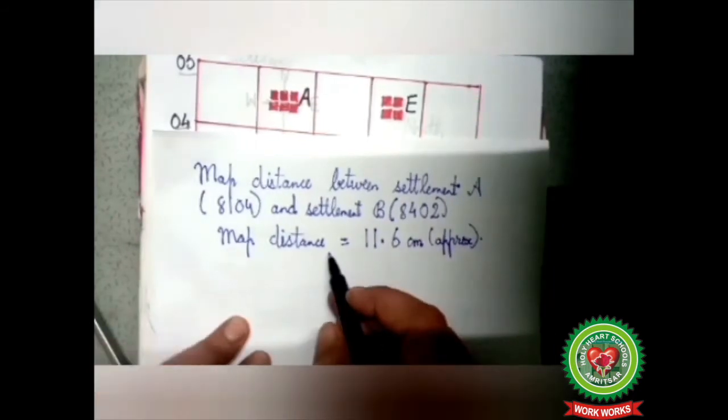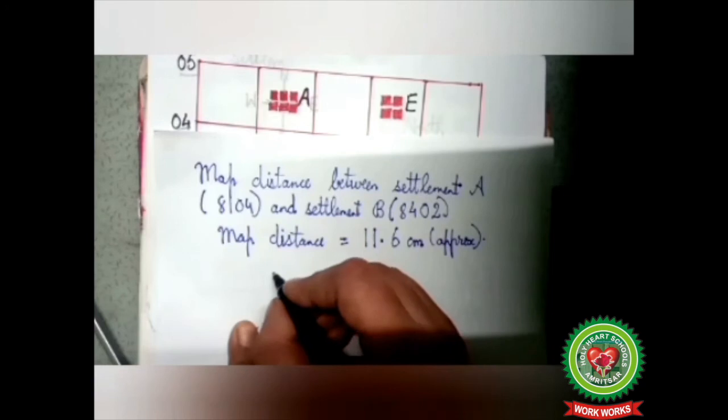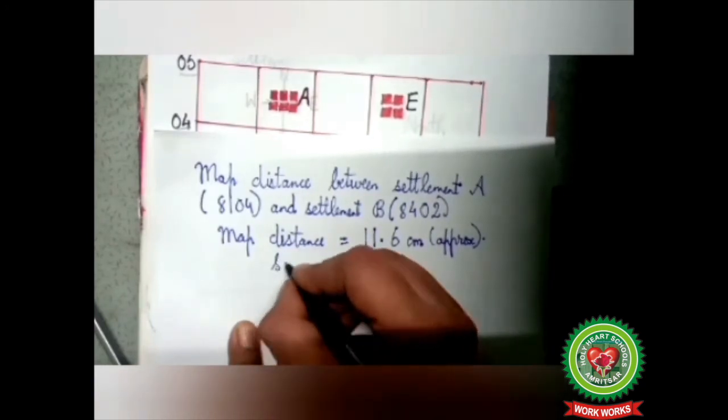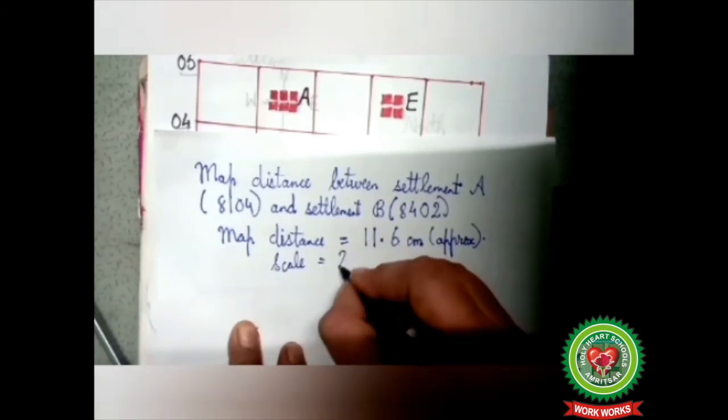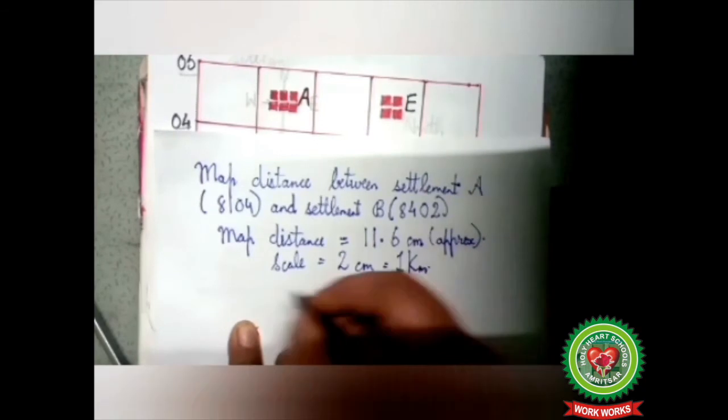Now we have got this as our map distance. Now we know that the scale of our map is 2 centimeter is equal to 1 kilometer.